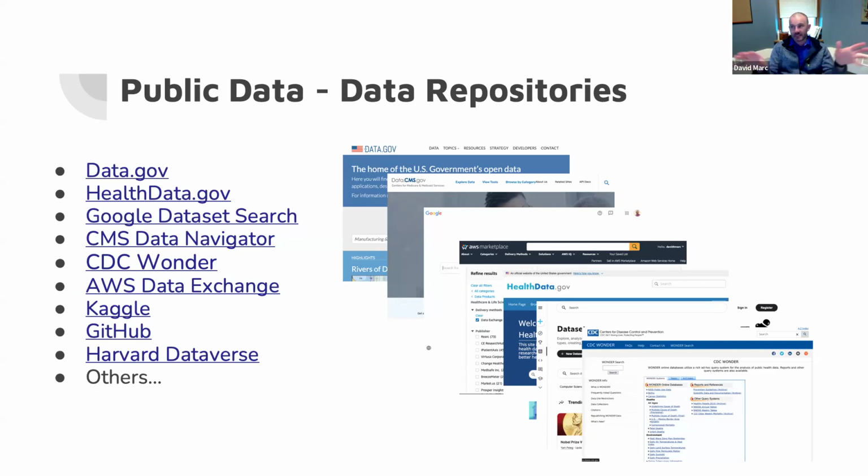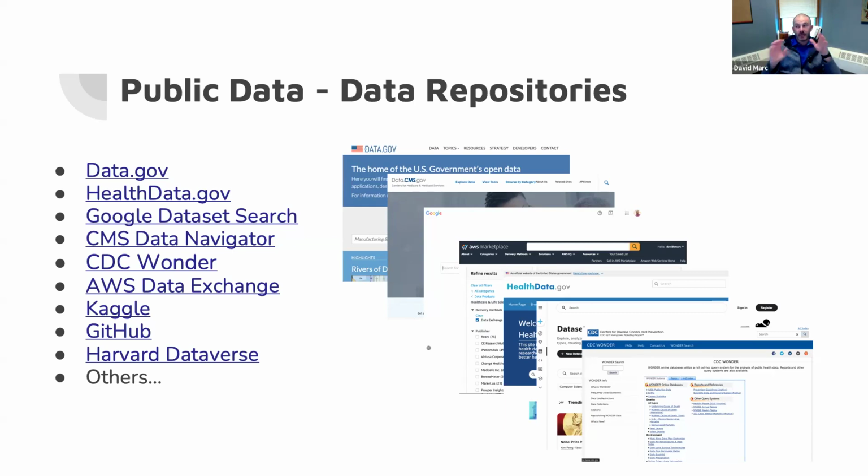Now, there's a lot of data that can be accessed on these data repositories. But again, recall some of the limitations. Some of it may not be the most recent. There might be some incompleteness and gaps in terms of the information that describes these data sets. And still, sometimes the data is published in a way that it's not the most user-friendly. So it might be published in a file format that really isn't the easiest to use.